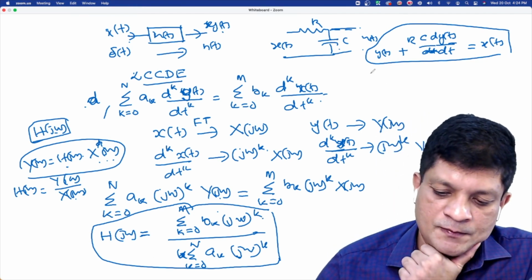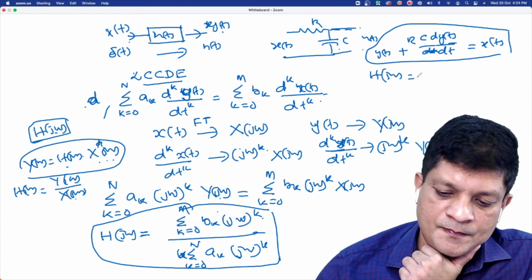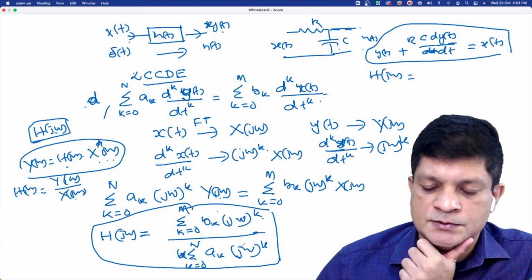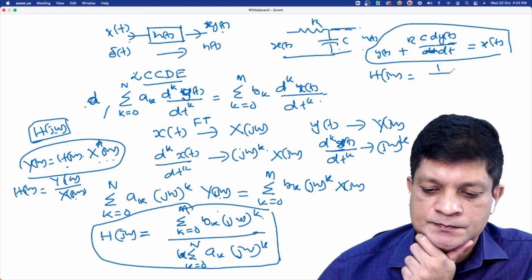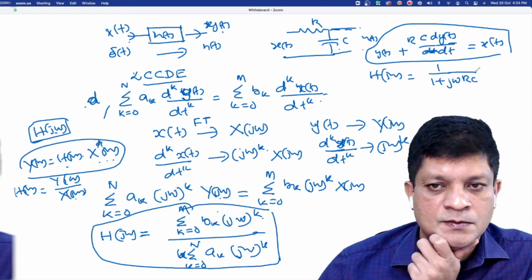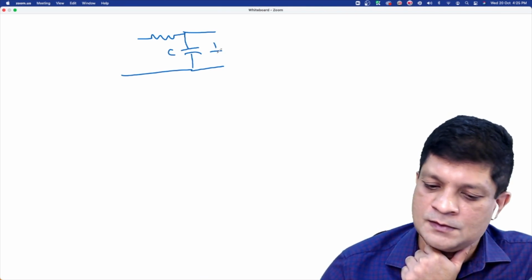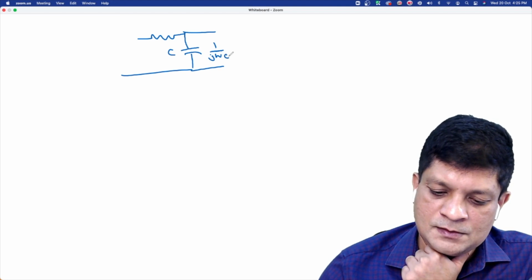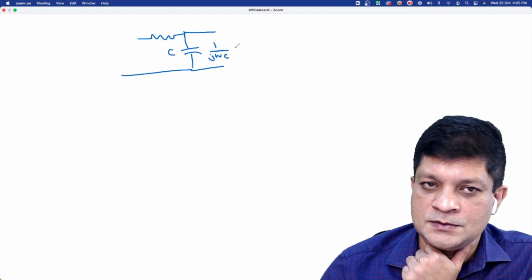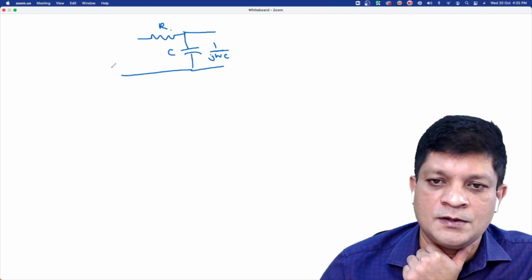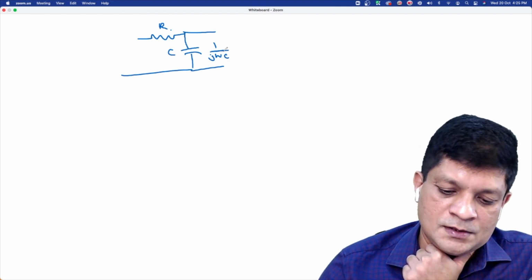Now, if we find what H of j omega is here using this, what is the impedance of this? Is it this impedance? And this is R. Then you can apply the voltage division.